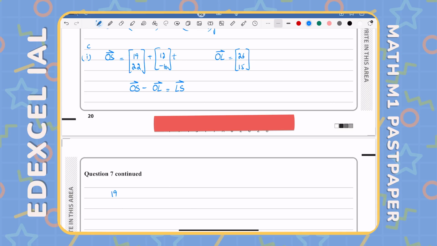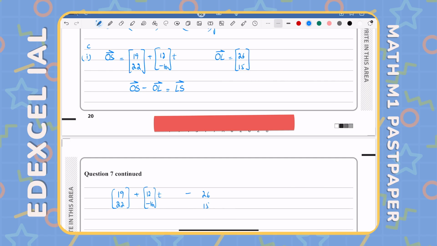So let's do that. So we have 19, 22. Let's just copy paste it to save time. Okay, I don't think we're saving time, but anyway. This is not what I copied. In fact, never mind, let's just write it again. So 19, 22 plus 12, minus 16 times t, and from this, what are we subtracting?